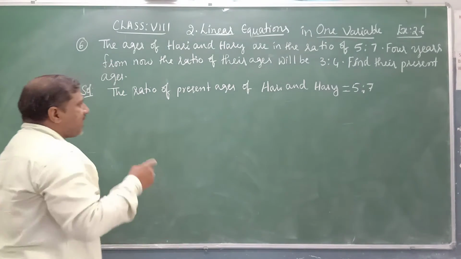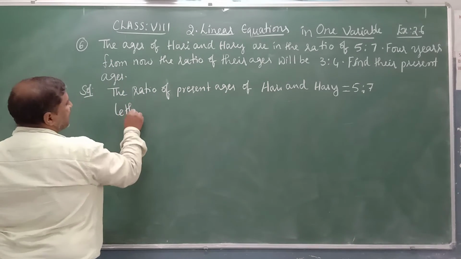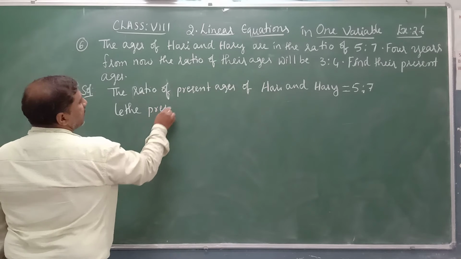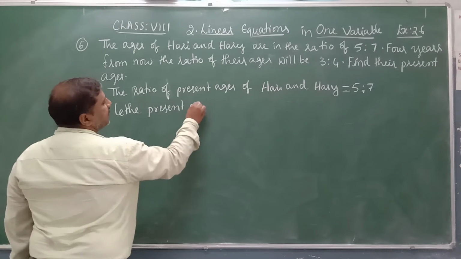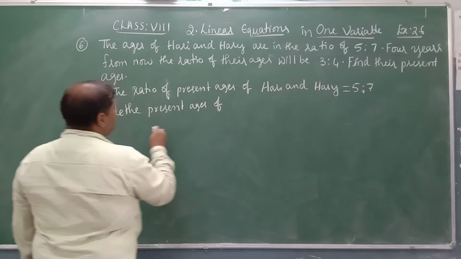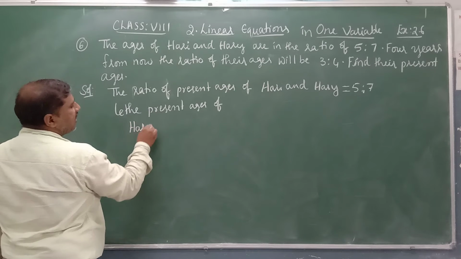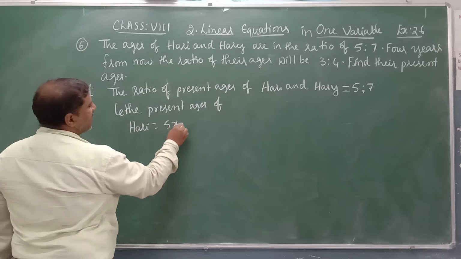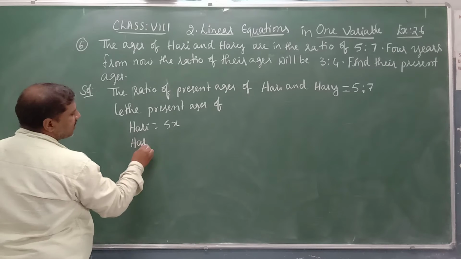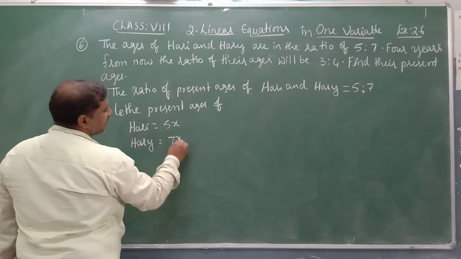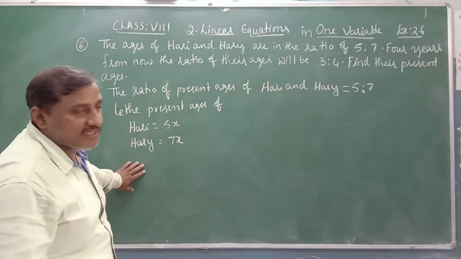So from that, let the present age of Hari be 5x years and Harry be 7x years.